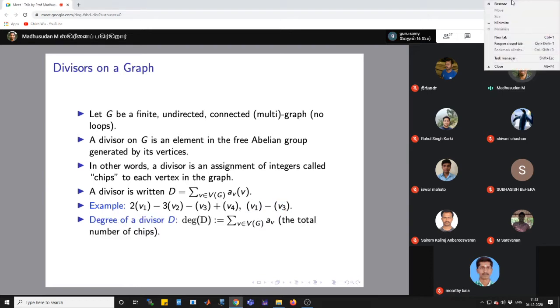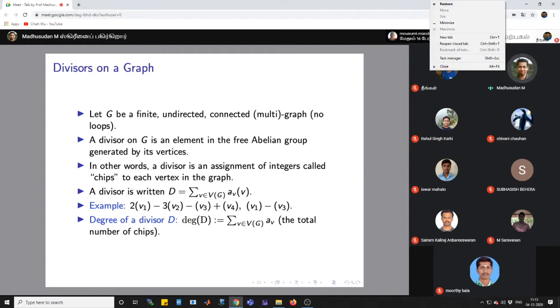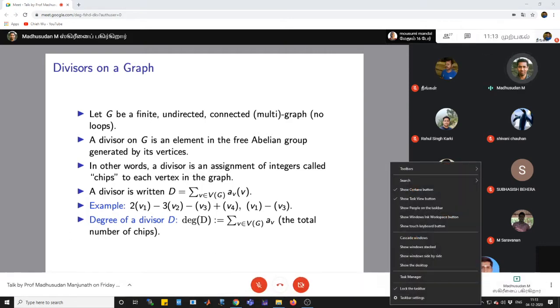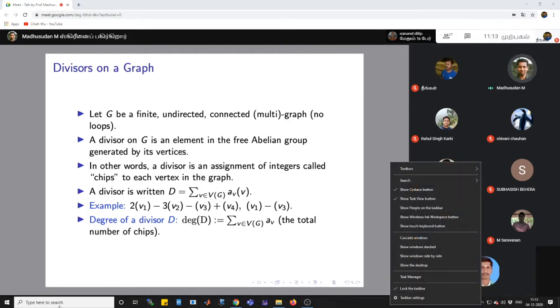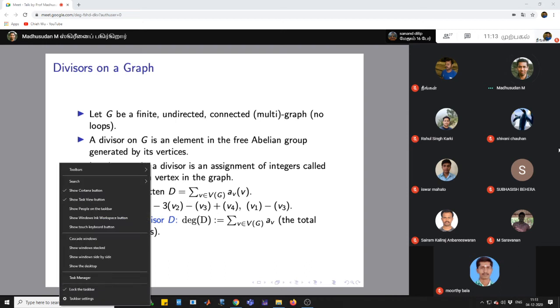So some basic examples of divisors, and a basic invariant that one can associate to a divisor is what is called its degree, which is the total number of chips in the divisor. Right. So if you think of this as currency, you're measuring the total currency in your system. And hence how is it written?